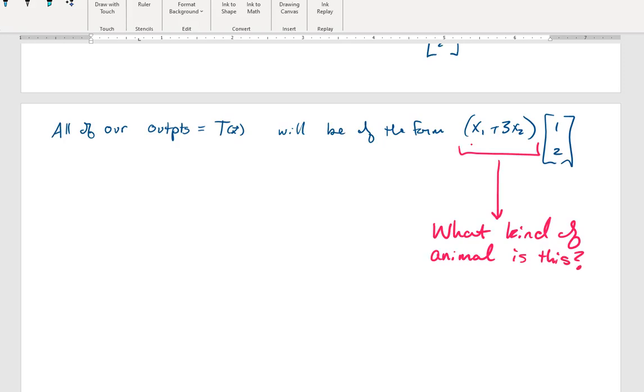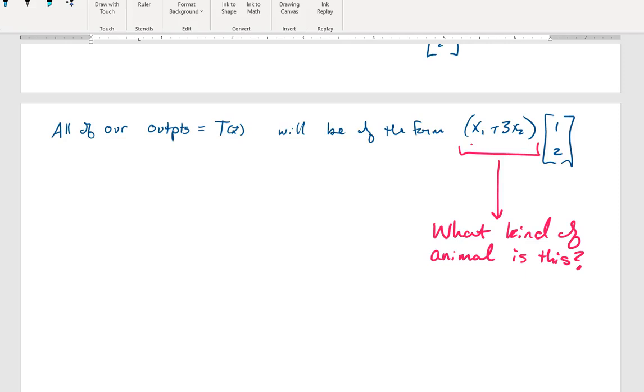What kind of animal is x1 plus 3x2? Individual little x's are real numbers. So a real number plus 3 times a real number. 1 plus 3 times 2 is 7.